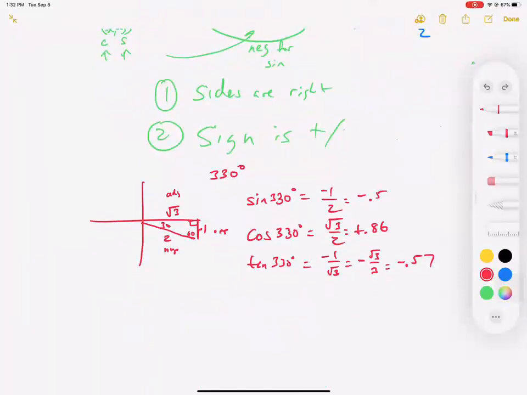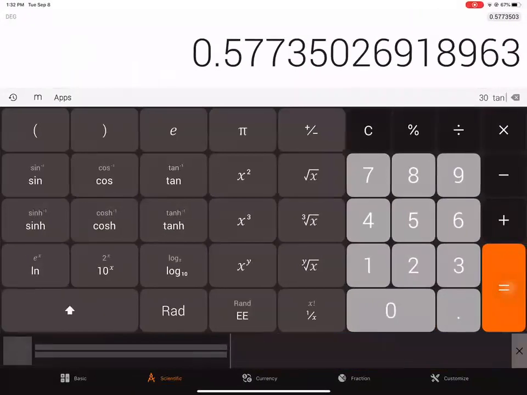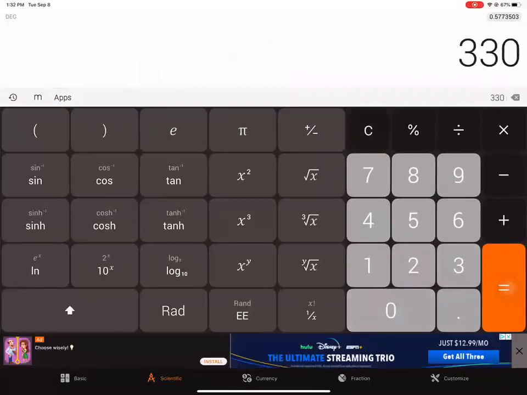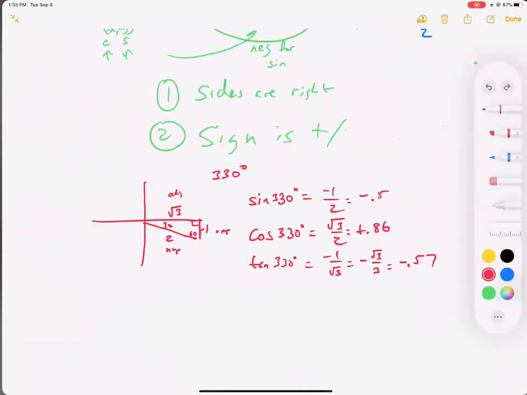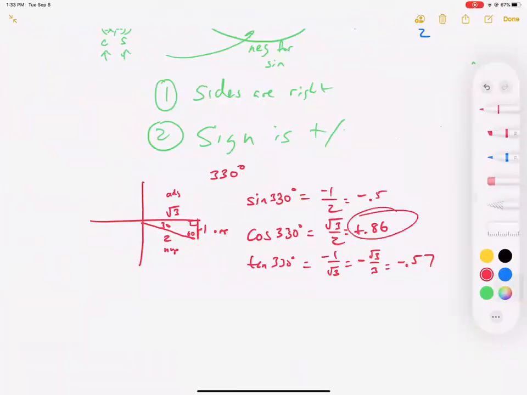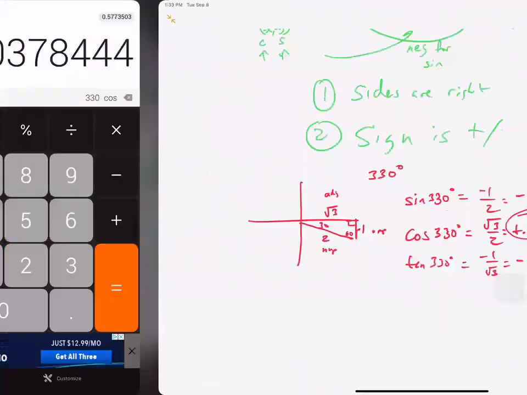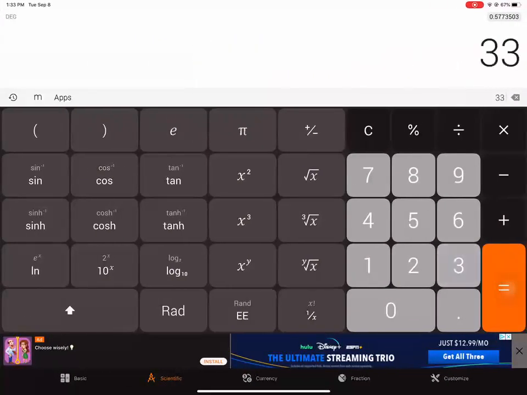So again, how did I come up with those numbers? I drew a simple triangle and then I have the ratios. To prove that these are the same answers on the calculator, the 330 cosine is positive 0.86, like we said. 330, and let's take the tangent of it.